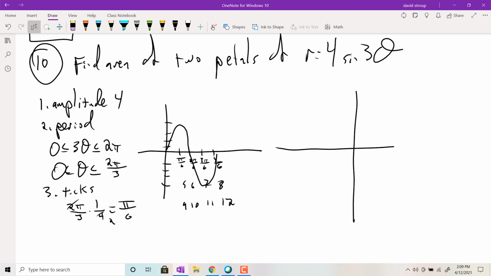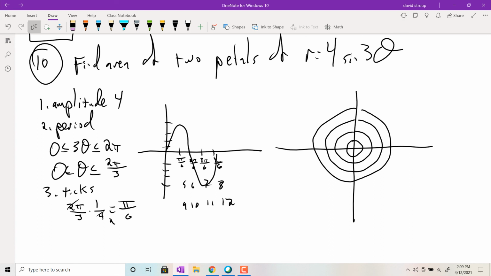Let me go over here to the XY plane. Get some little diagonal lines. Circle 4. My pen is being nice enough to erase things for me that I don't want erased.